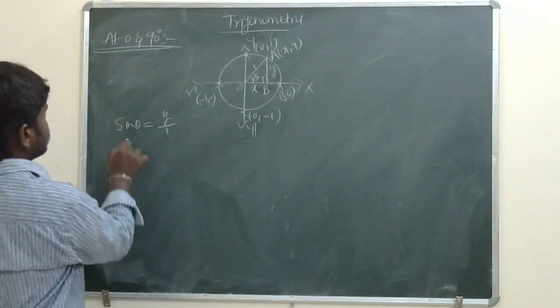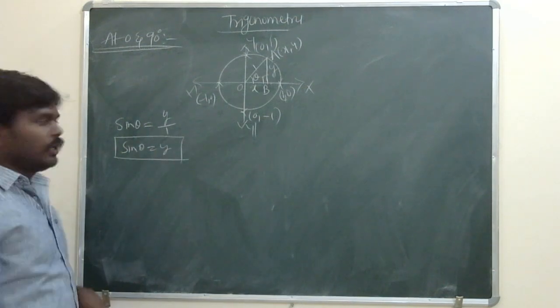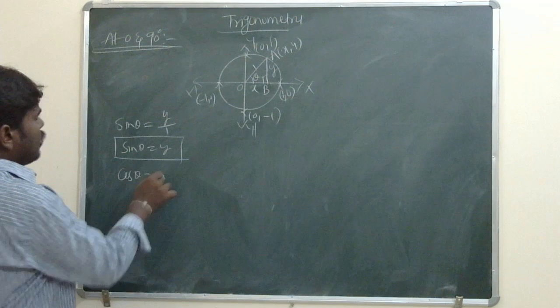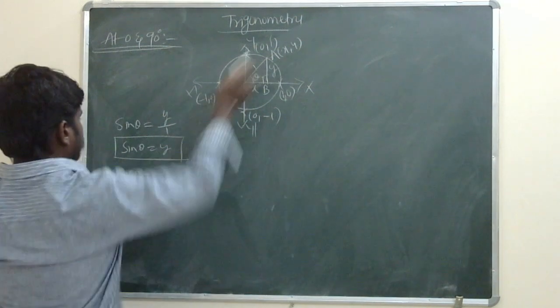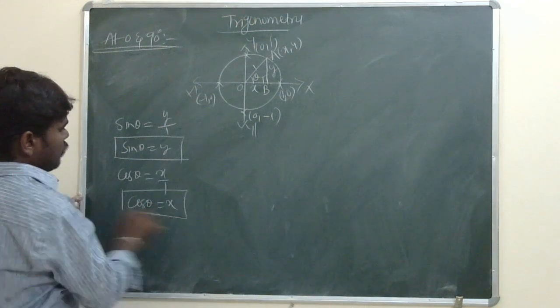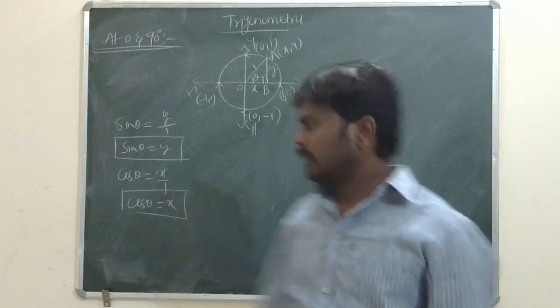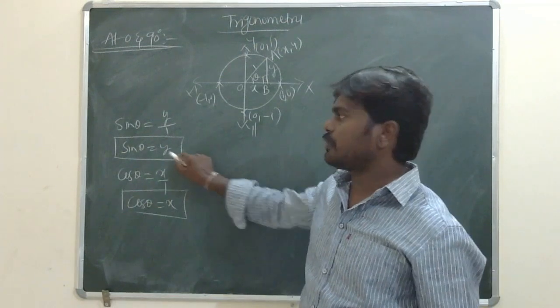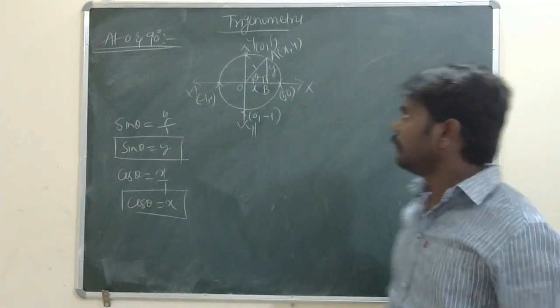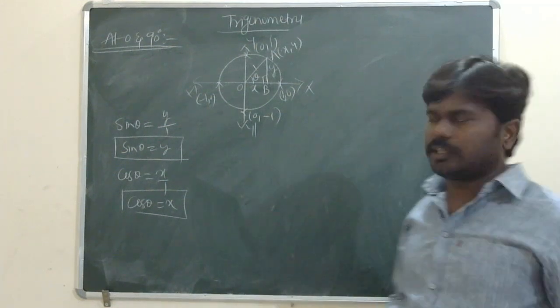So y is equal to sin theta. And similarly, when you apply cos theta means adjacent by hypotenuse. So here x by 1, means cos theta is equal to x. So that means in the Cartesian plane whenever we have x, we can write x is equal to cos theta and y is equal to sin theta.